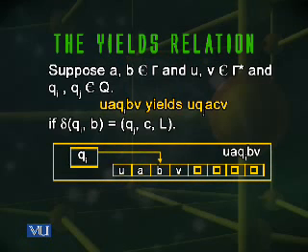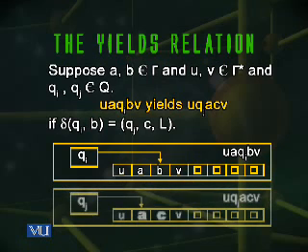This means that if the Turing machine is in state QI and it's reading a symbol B, and the transition function asks the Turing machine to replace that symbol by a C and move left, then the next configuration of this Turing machine will be given by U, QJ, A, C, V. As you can see, in the next configuration, the machine has moved from state QI to QJ.